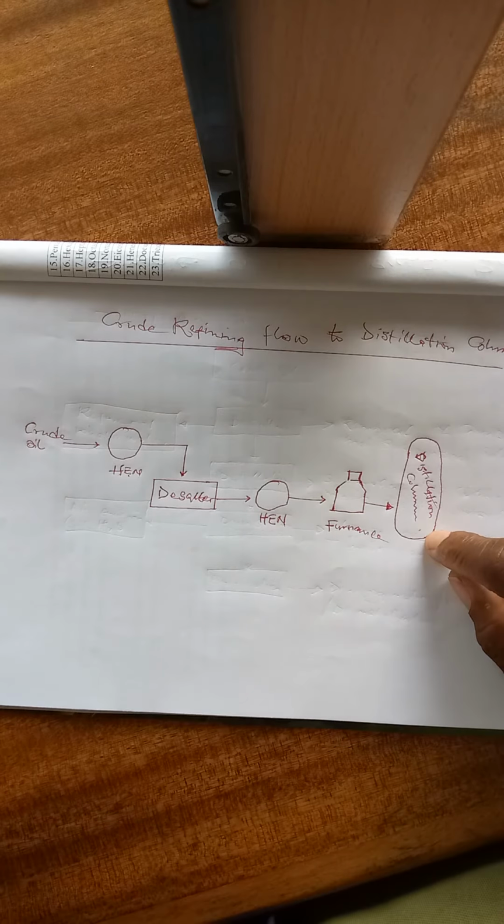We can term a desalter as a separating process. Another definition: desalting is a separating process which results in removal of dissolved salts, water, caustic chemicals, and any acid present in the crude oil, and also reduces the poisoning of catalysts by salt. Lastly, a desalter removes dissolved salts.